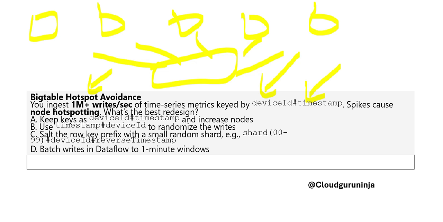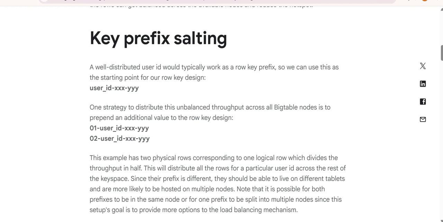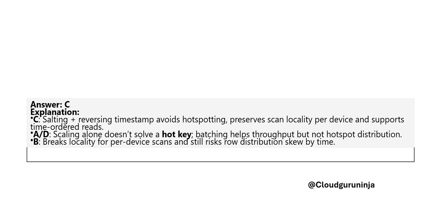So now, what is the best design in this case? See, there is a concept of salting, and I'm going slow here because these are difficult concepts. Take the example of Instagram. All accounts do not get the same level of processing or hits. If it is Disha Patani, she gets a lot of hits. Tiger Shroff gets a lot of hits.